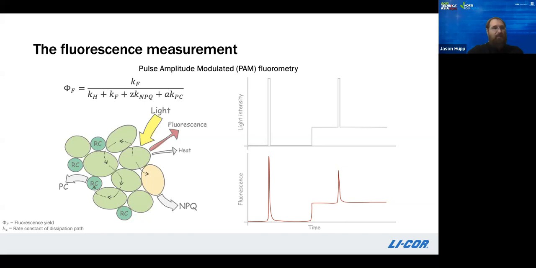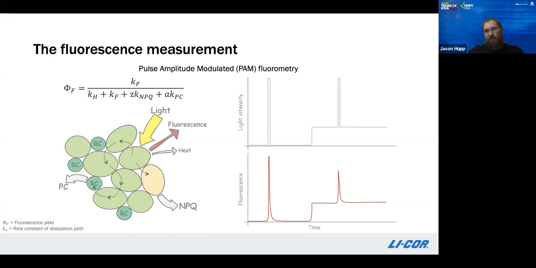It's generally less than 1 ppfd, so less than 0.002 of full sun intensity. And then for the pulse part of PAM fluorometry, we provide a pulse of really high intensity light, and that drives the leaf into a different state. It causes this rise in the fluorescence yield that you can see in the lower figure.